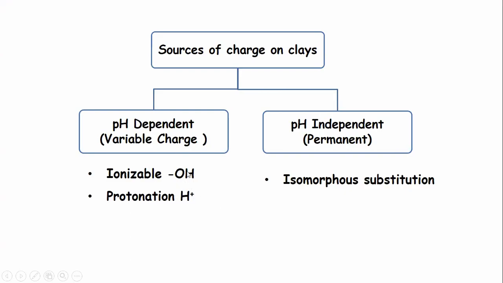When the pH, the H plus and the OH minus change, the charges also change. That is the ionizable OH minus and the protonation of the hydrogen ions. But the isomorphous substitution is substitution by ions of the same size, in similar ions, without changing the structure. When the pH is changed or not, it will not change. It is the permanent one.